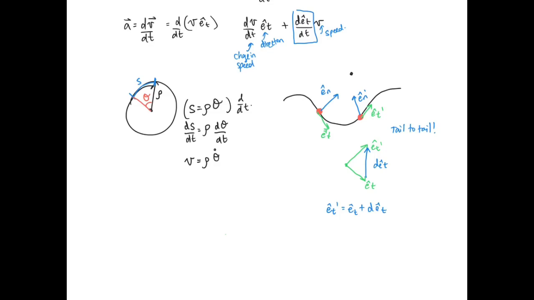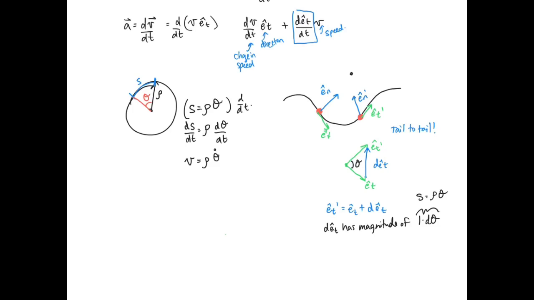Now the magnitude of DET is equal to 1 times d theta. So if this is theta, we have DET has a magnitude of 1 times d theta. How do I know that? Well, this comes from what we derived a second ago, s is equal to r theta.